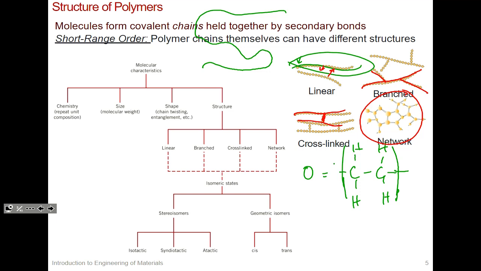So it's weaker. And we talked about this when we were talking about secondary bonding and low melting point and temperature, relative to, let's say, something that has all metal bonding like nickel, copper, and whatever. But now we're just talking about amongst polymer chains.